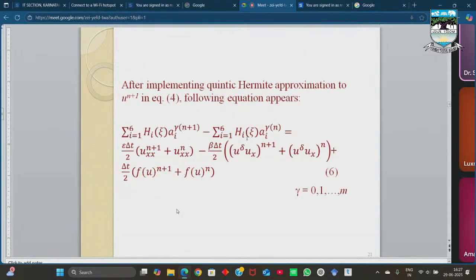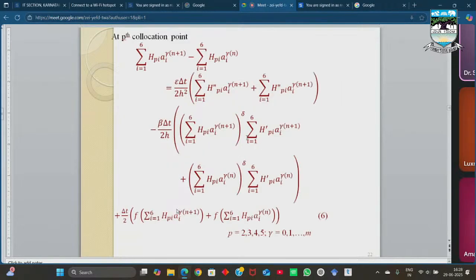After implementing the quintic Hermite approximation, these equations can be written in this form. This is the equation at the pth collocation point. Now the point is how many collocation points we take within each subdomain.